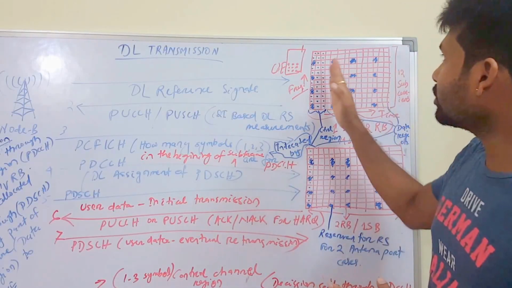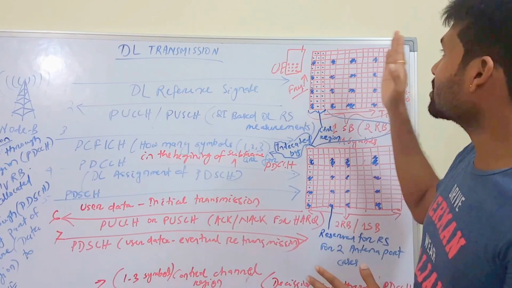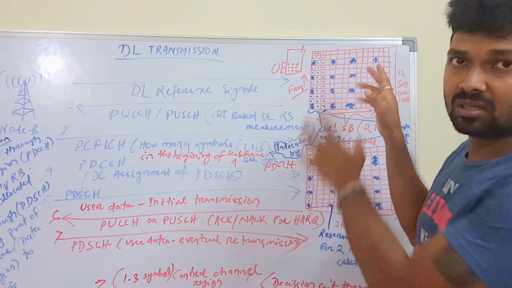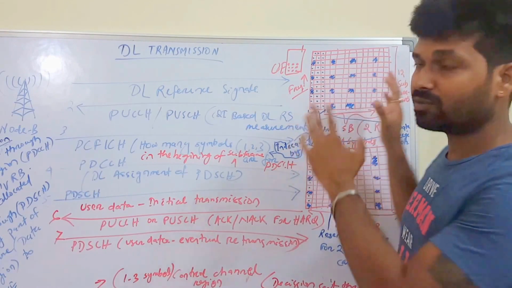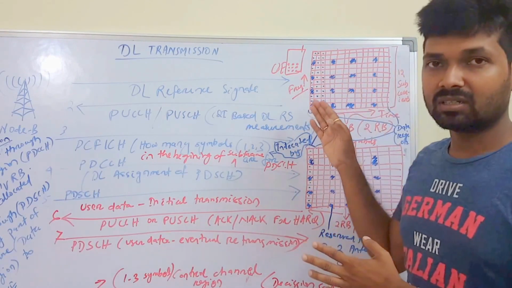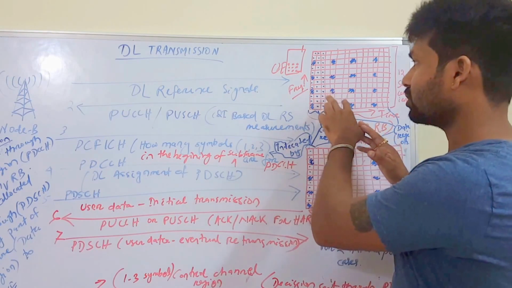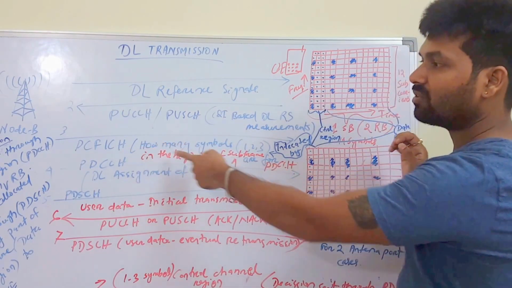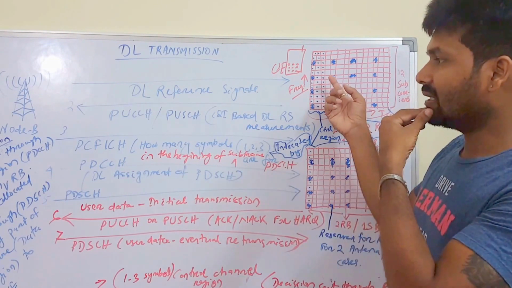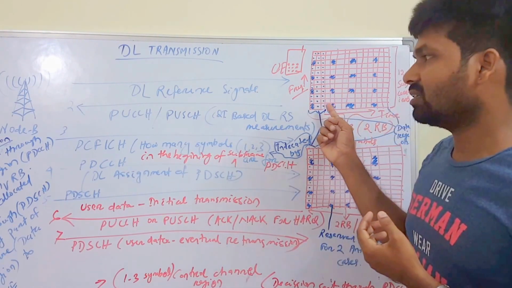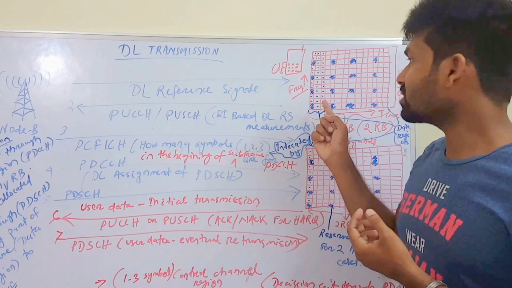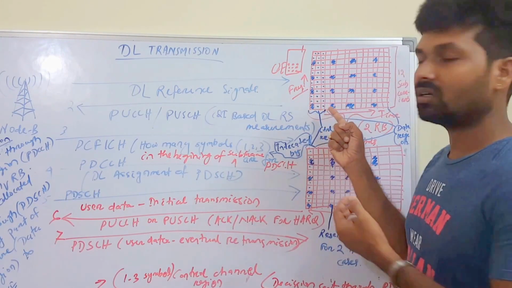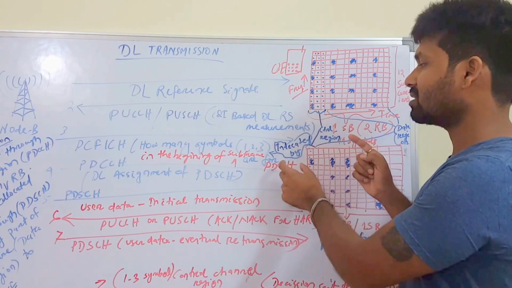So in one subframe we have two slots, 0.5 milliseconds each. So 7 plus 7, 14 symbols. I have taken normal cyclic prefix and 12 subcarriers in the frequency domain. So in this case, if we take an example, the PCFICH gives an indicator 3. 3 means 3 control symbols for the PDCCH transmission.